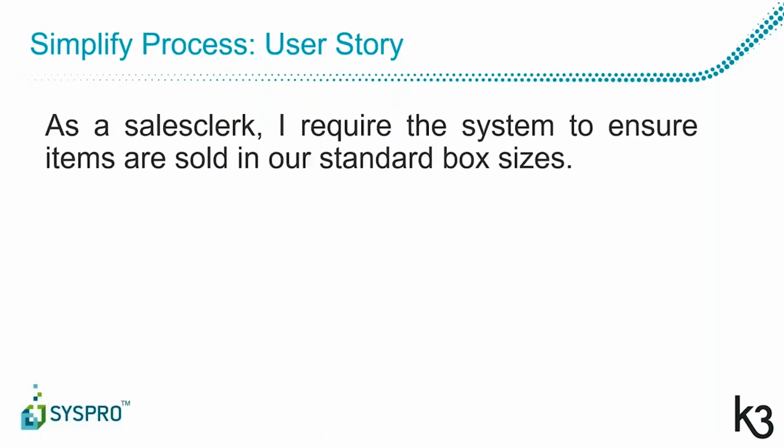In this case, as a sales clerk, what the customer wants to be able to do is alert the users if they were selling outside of their standard box sizes. So if I was selling in 10s and the sales clerk tried to order, say, 12, SYSPRO would automatically tell the user that they were ordering in the wrong quantity.